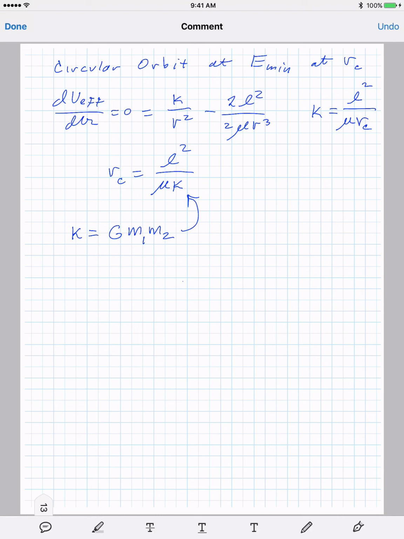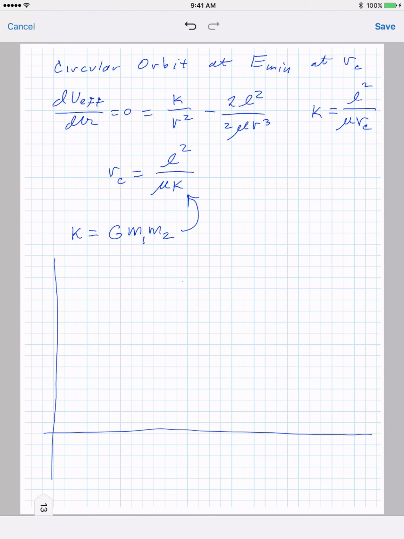So now let's go after more general orbits, and so let me draw this a little bit larger. And so let me actually draw out the energy as a function of radius, and I'll go ahead and do the effective potential.